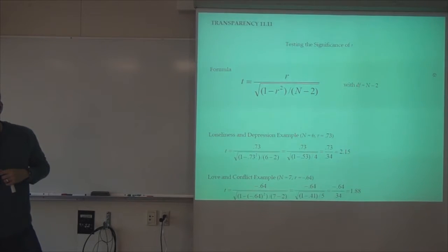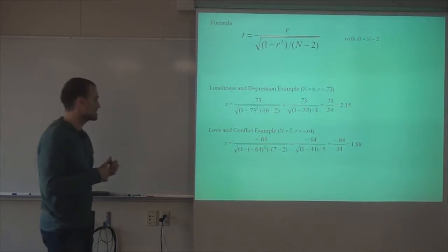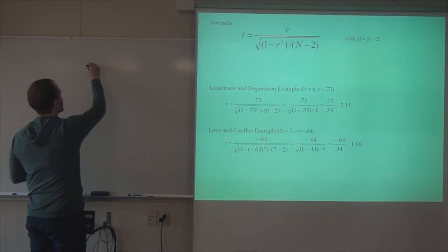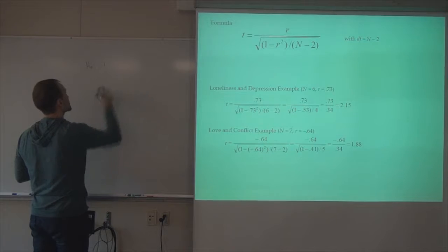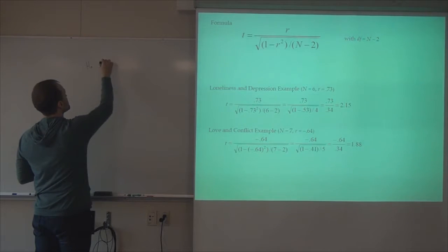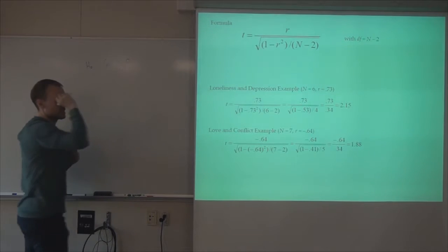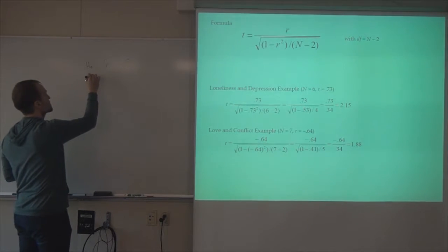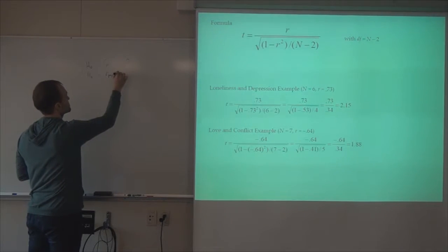Okay, so my hypothesis test is going to be that there is no correlation in the population, say R population is 0. My research hypothesis is that there is a correlation.